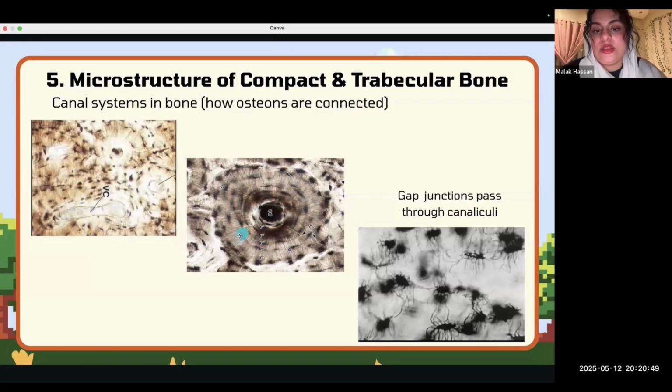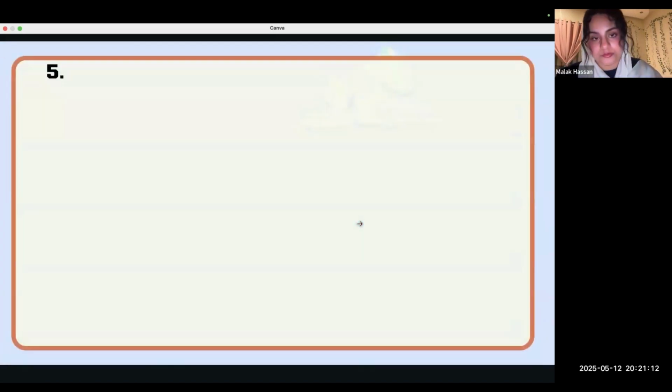And between each lamellae, you have the osteocytes sitting, and you can see, it looks like hair. Those are the canaliculi between each one. Now here you have an up close picture of the osteocytes, and that gives you the canaliculi. Here you can see them, and gap junctions will pass through the canaliculi.